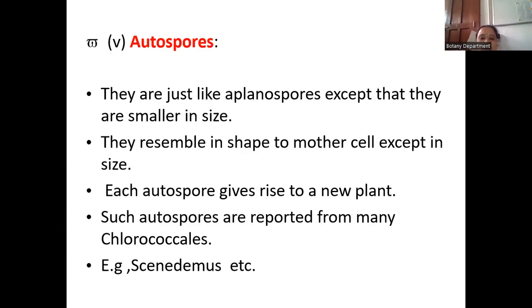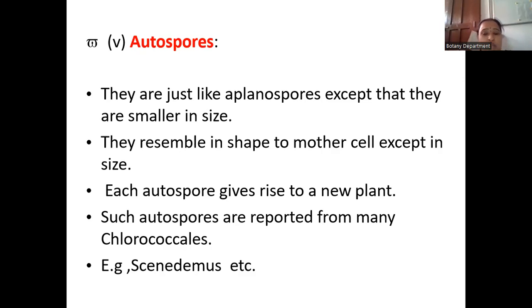Next one, autospores. Very important. The best example from the Chlorophyceae members is Volvox. In the Volvox wall, where asexual reproduction occurs, the gonidia cells convert after reproduction to form spores, the autospores. These autospores are just like aplanospores, except very small in size. Compared to aplanospores, these spores are small, resembling the mother cell in shape except in size.